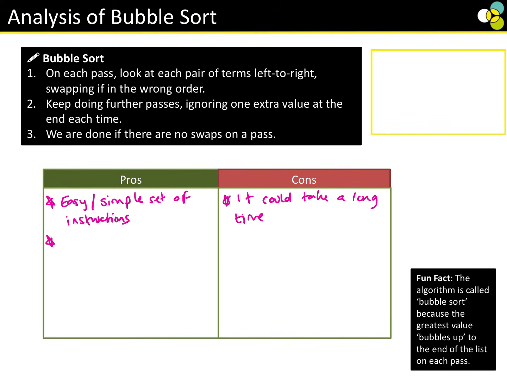It is also easy to check for errors on the way, and you can also look at the steps. Also, if a list is size n, each time you only need to do n minus 1 comparisons.